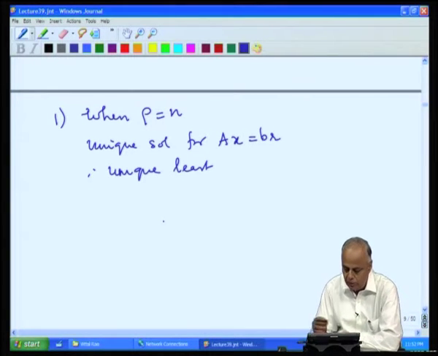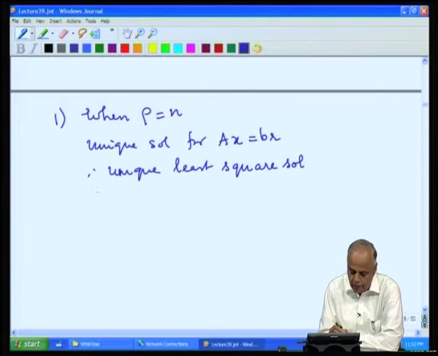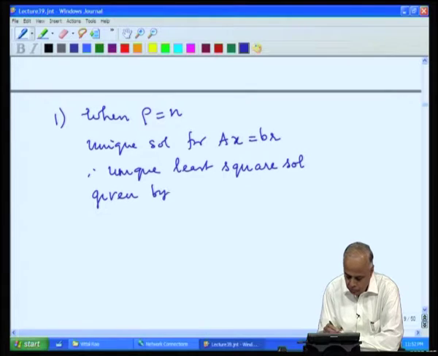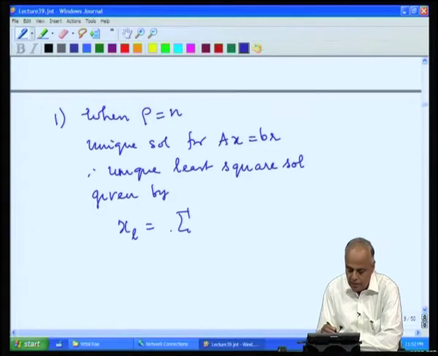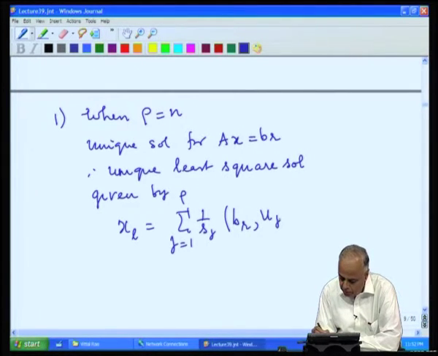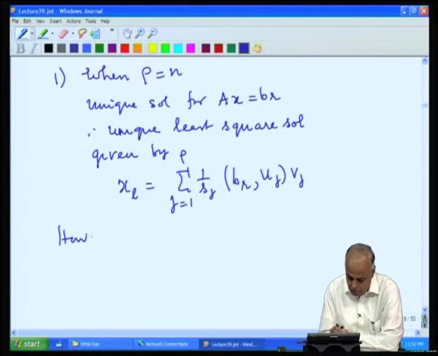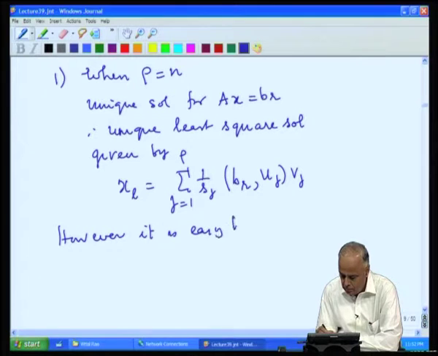Now, we have a unique solution, therefore, unique least square solution, and given by x_l, from our work earlier with the case when consistency conditions are satisfied, 1 by s_j. Now, the right hand side is b_r, so it is <b_r, u_j> v_j. However, it is easy to see that <b_r, u_j> is the same as <b, u_j>.